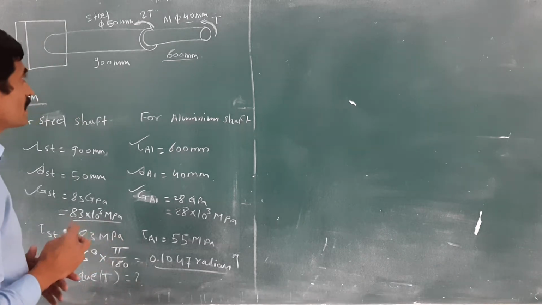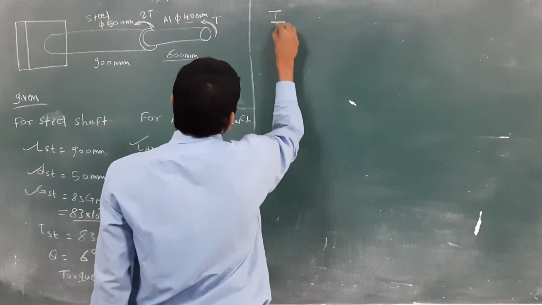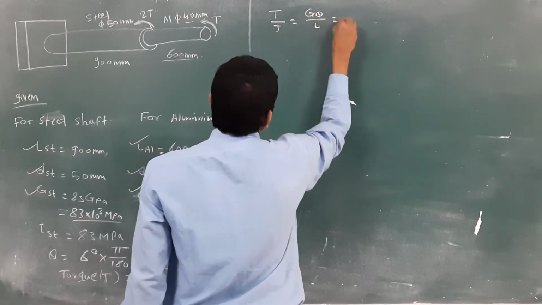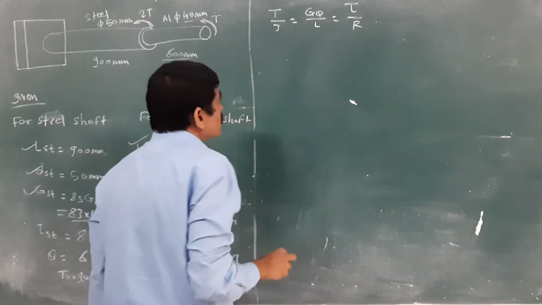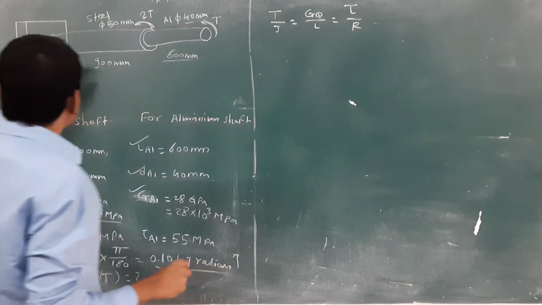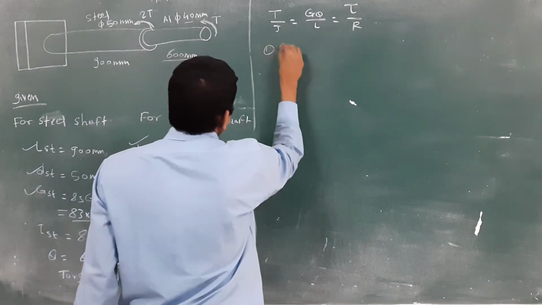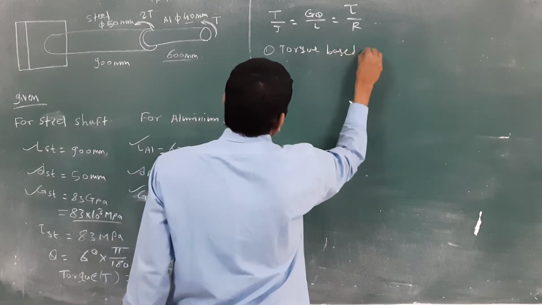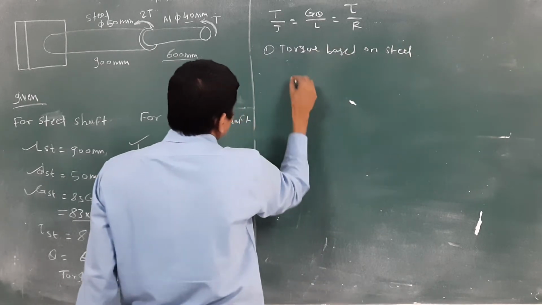First, see, we know the generalized torsion formula: T by J is equal to G theta by L is equal to tau by R. First we require which relation to calculate the torque based on the steel? Suppose torque based on steel, we will write here. Then how to calculate the torque based on the steel?